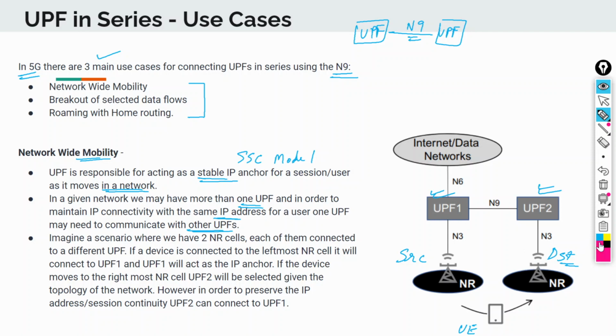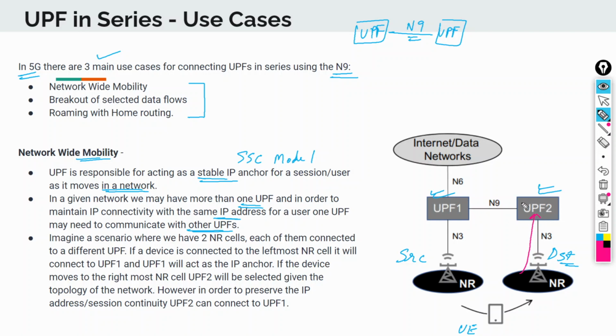The way it would work is all your user plane traffic will hit your UPF2 because this is the closest, and there is no connection between the destination NR and the original UPF.